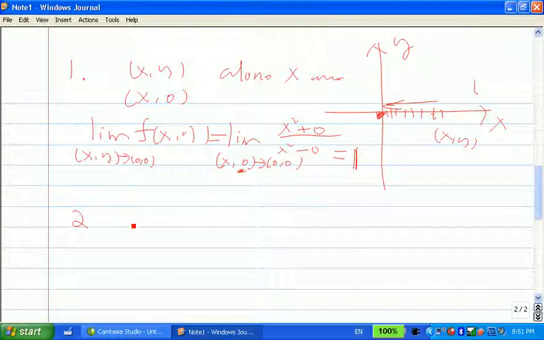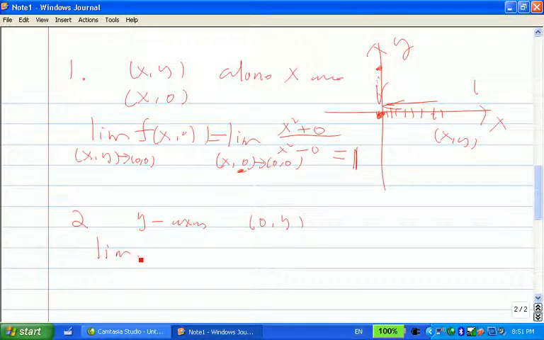Second, we go with the y-axis. We pick all the points going to the origin along the y-axis. Every point on the y-axis can be written as (0, y).